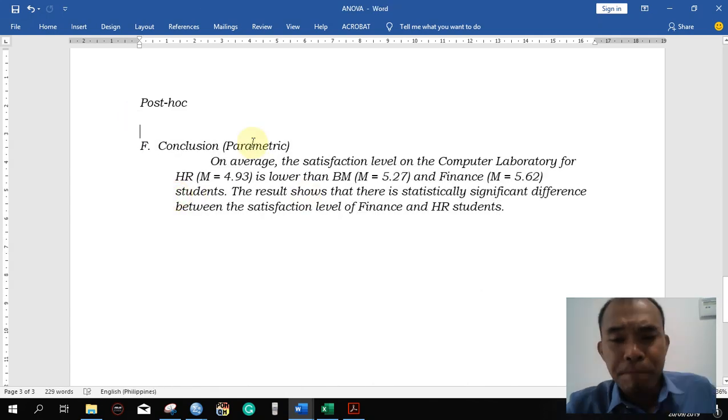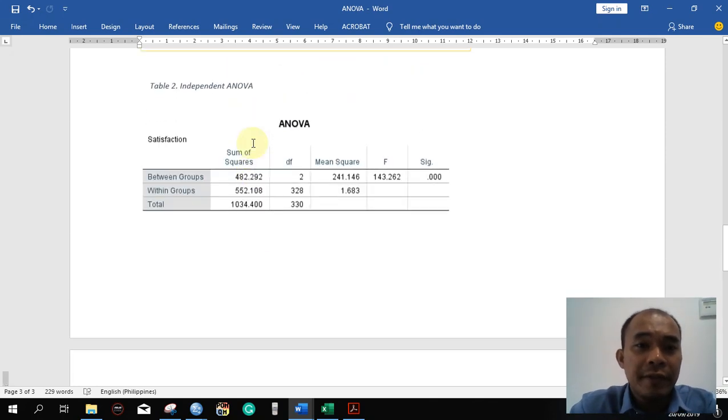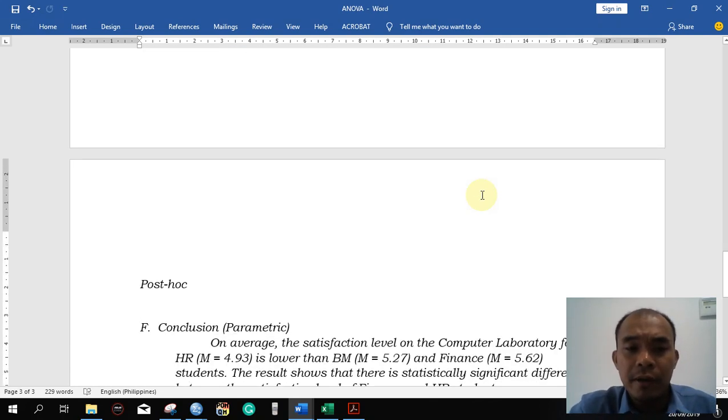guys, a reminder, you will not do post hoc analysis if the result of the ANOVA here is greater than 0.05. You will not do post hoc because there's no significant difference among the responses. So why do we have to do the post hoc? You will only do the post hoc if there is a significant difference, if at least one of the means significantly differs from the group.